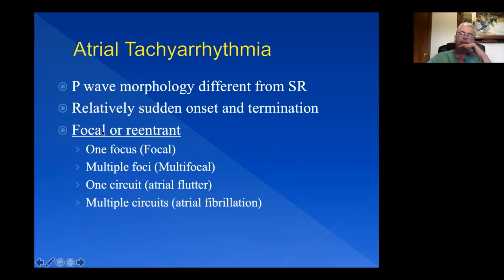And as I said, the mechanism could be focal or reentrant. Then we'll go through the options. You can have one focus, you can have multiple foci, you can have one circuit or multiple circuits. Once we have those in mind, we'll be able to recognize all kinds of atrial tachyarrhythmia.